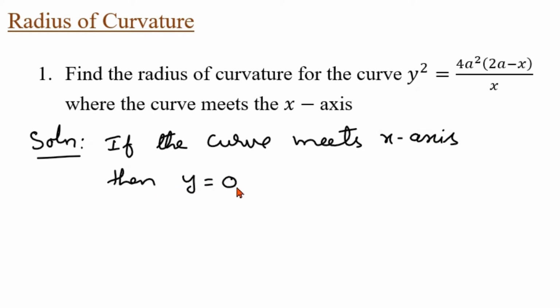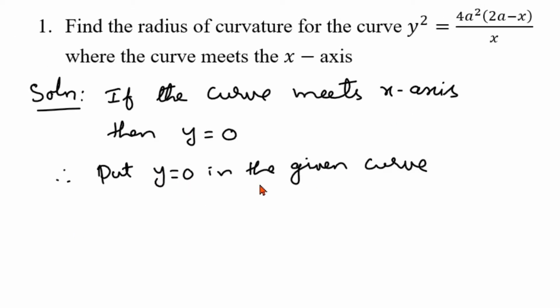So if y is 0, then if you put 0 in the given curve, y square becomes 0, equals 4a square times (2a minus x) divided by x.